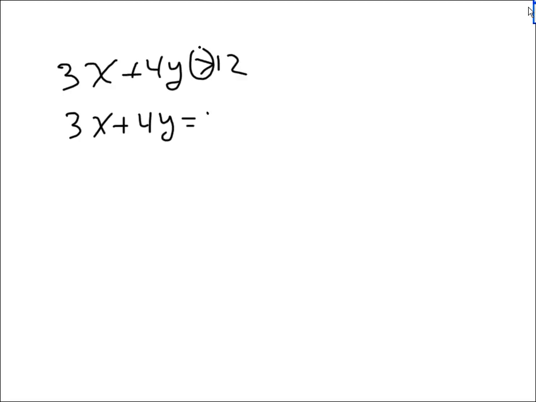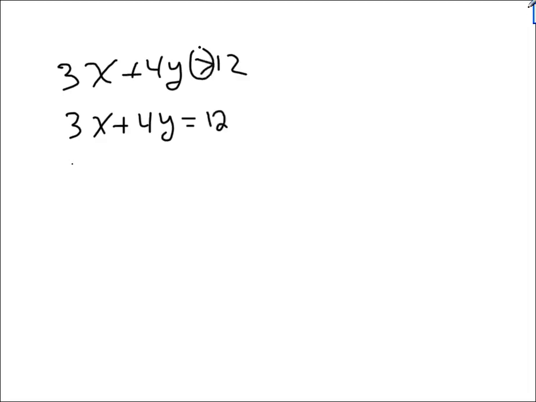Suppose you are asked to graph 3x plus 4y is bigger than 12. Since it's not equal to, when I draw the line, it will be a dashed line. So first we want to graph 3x plus 4y equals 12.